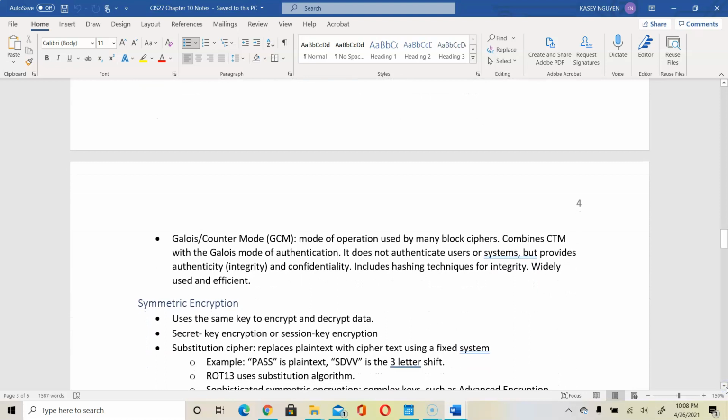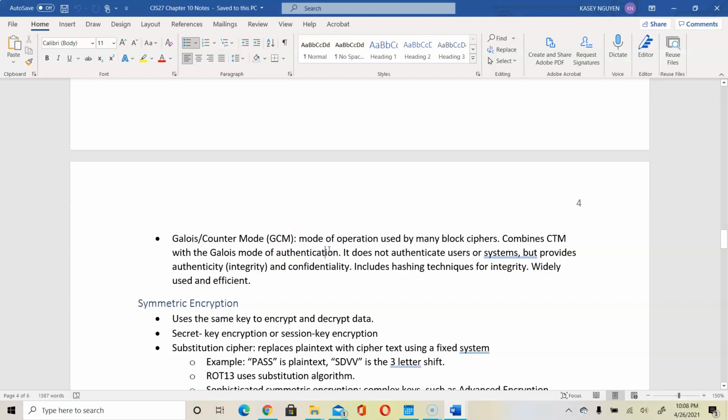The next mode is Galois counter mode, or GCM, and this mode of operation is used with block cipher. It combines your CTM with the Galois mode of authentication. So there's an elevated level with authentication.